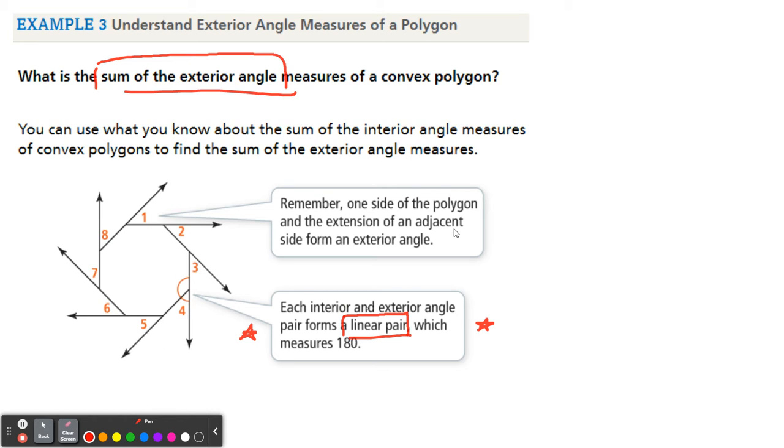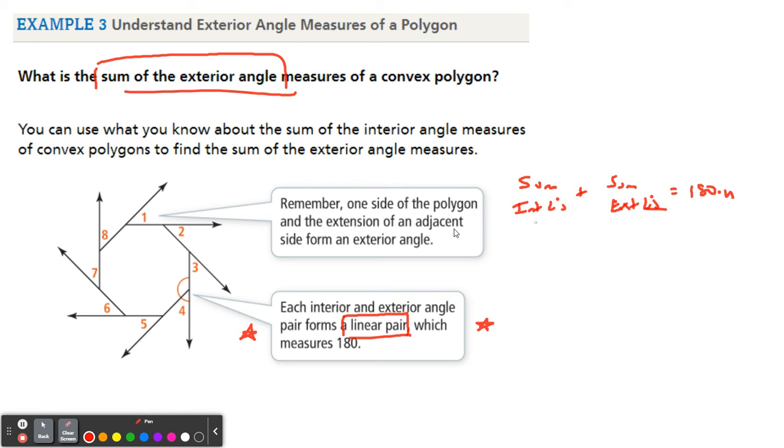So if we think of this, if we take all of the interior angles and add them up, sum of the interior angles, and we add the sum of the exterior angles, we are going to get 180 n times, because there are n interior angles, there are n exterior angles, and they will add up to 180 n times.